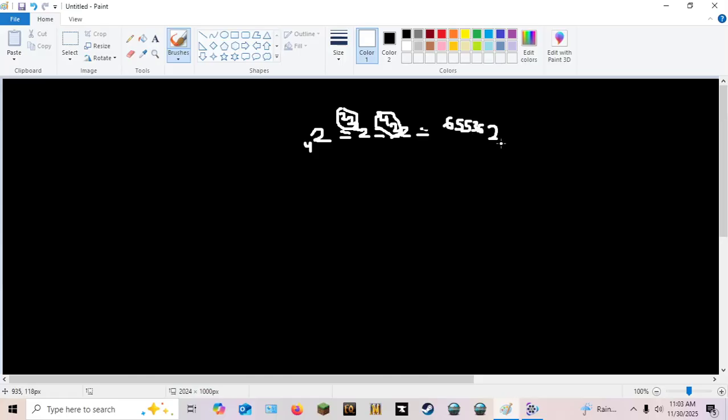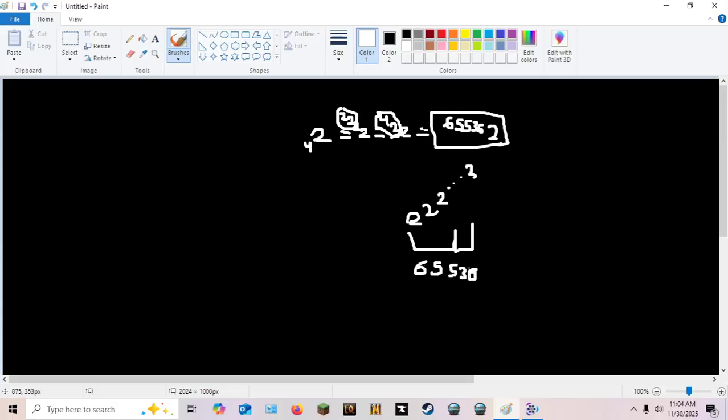This is the answer, but when you try to calculate it, this will actually equal 2 raised to the 2 raised to the 2, 65,536 times. So when you try to calculate the super large number for 2 tetrated to 65,536, it's going to be unimaginably large.